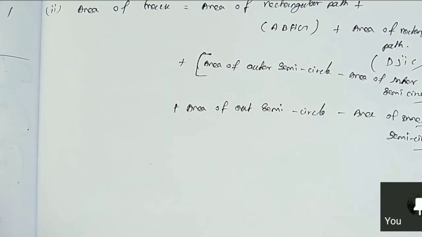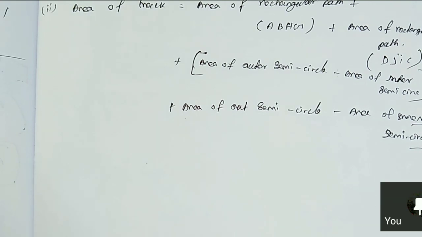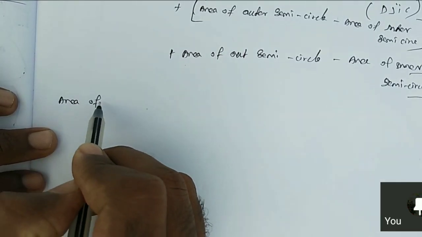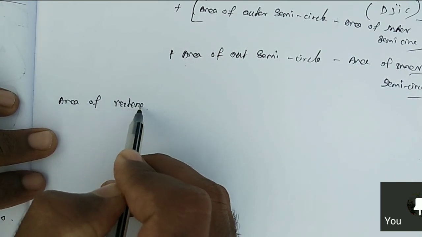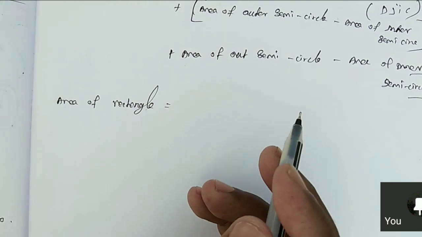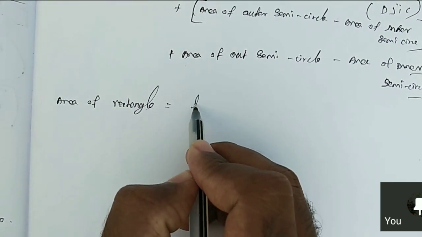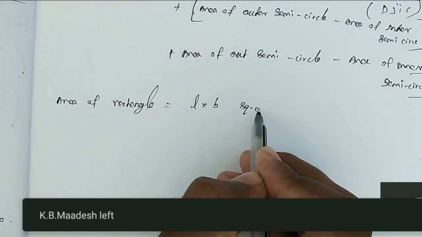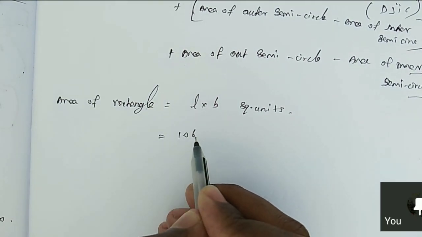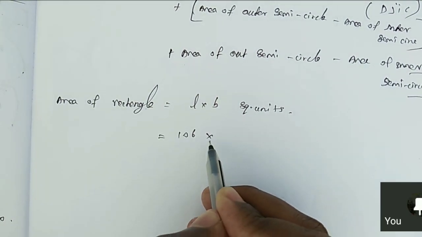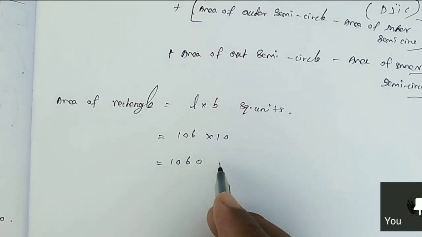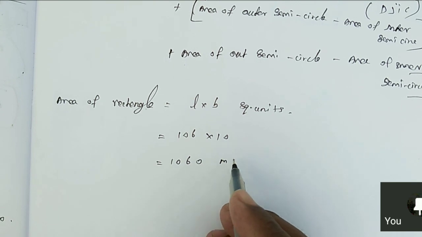Okay, we can find one by one. So area of a rectangle. What is the area of a rectangle? L into B. What is the L here? 106 into breadth 10, so 1060 meter squared.